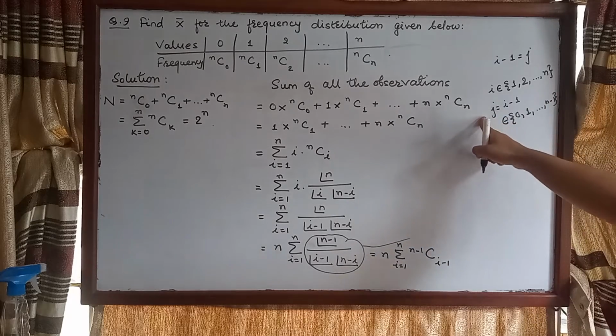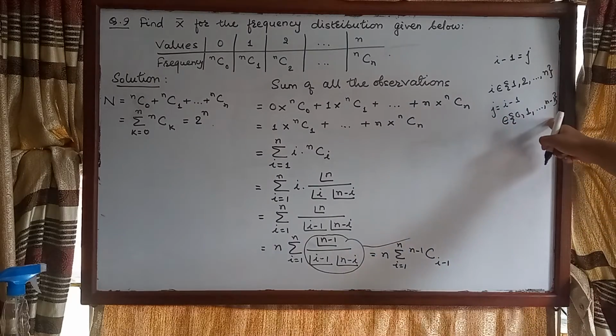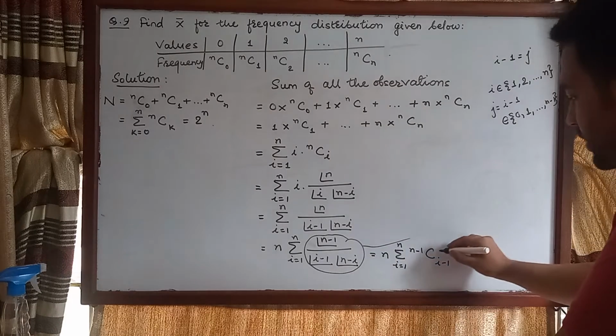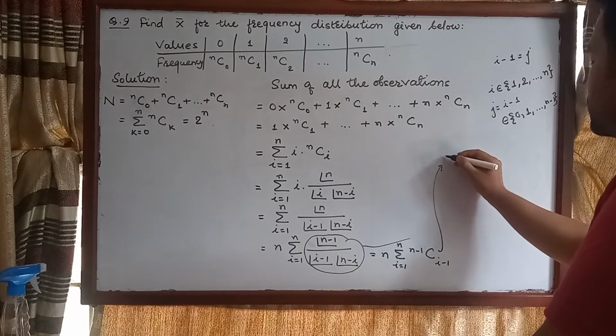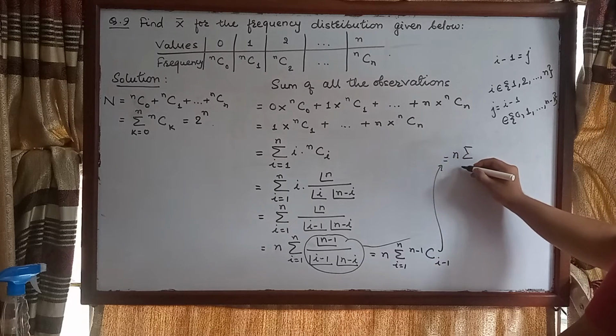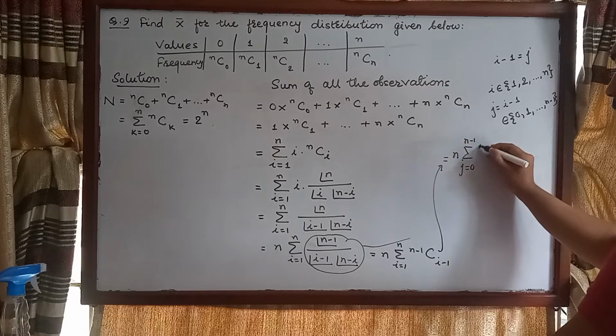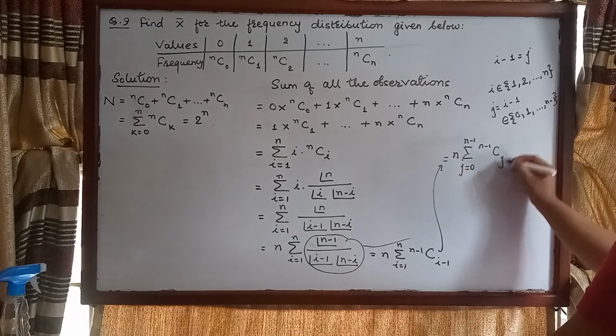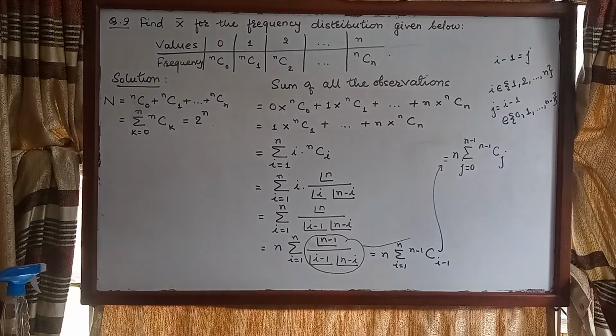So j will run from 0 to n minus 1. So we can write it as n times the summation j runs from 0 to n minus 1 of (n minus 1)Cj.